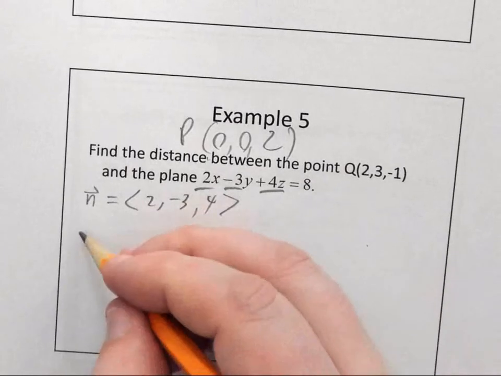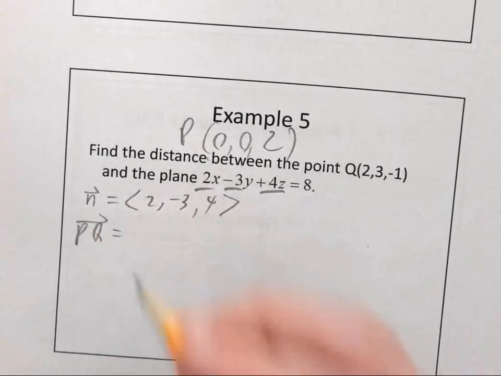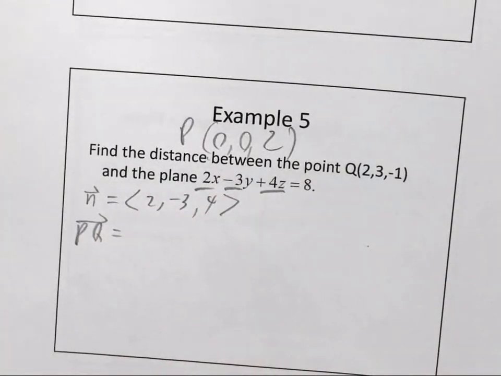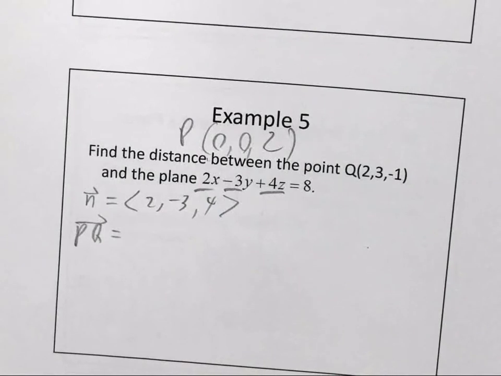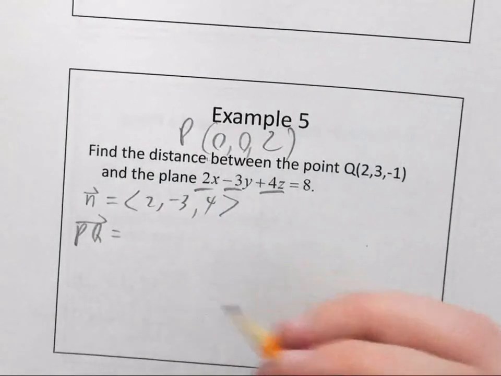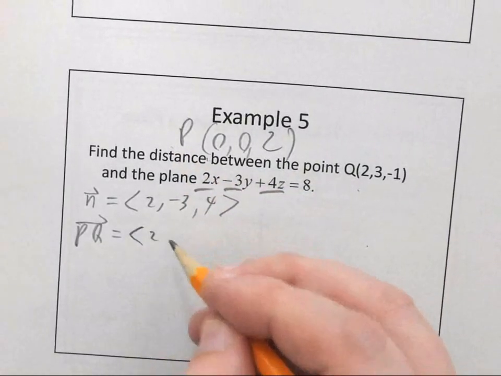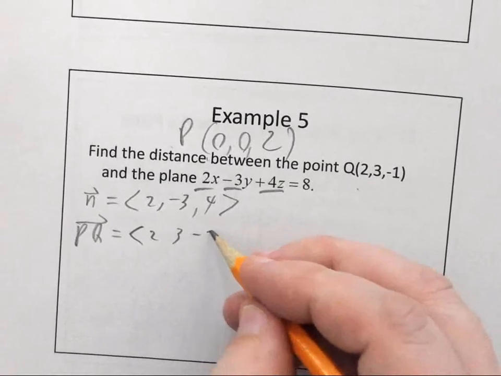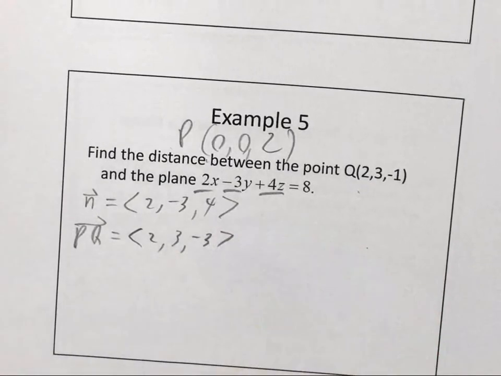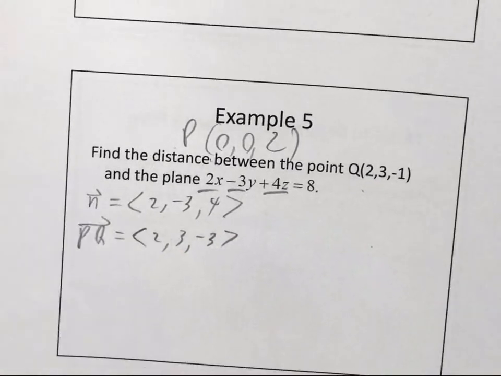That's the normal vector. And then I need the vector P to Q, so from P to Q. 2, 3, negative 3. So that's the vector from P to Q.